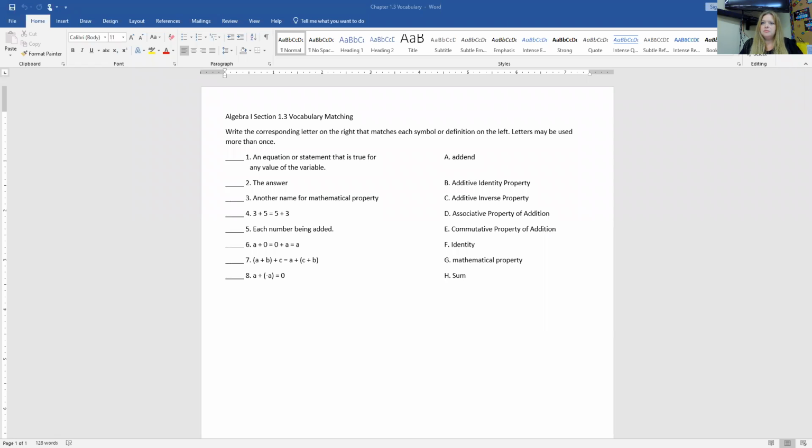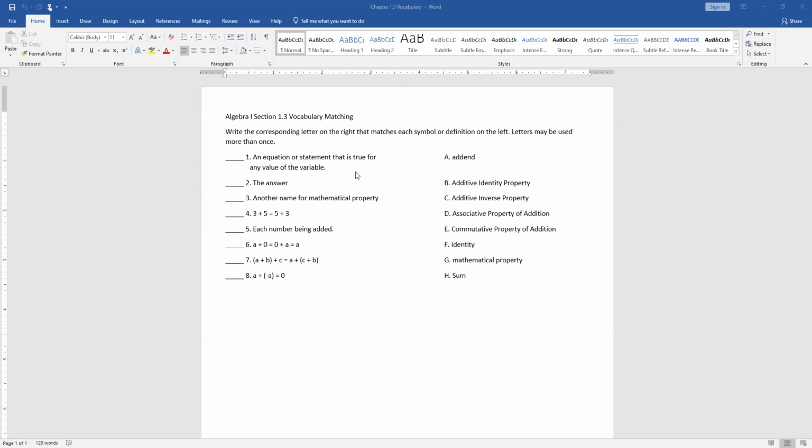Okay, so these shouldn't be too hard to find. All of this again is a review from pre-algebra. So in this case, we're talking about adding rational numbers. So we're also going to be talking about the properties of addition.